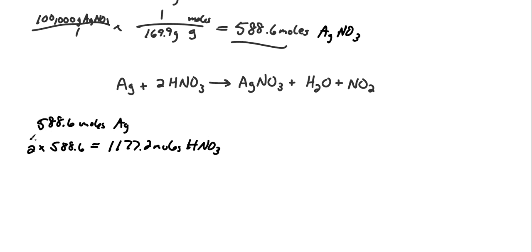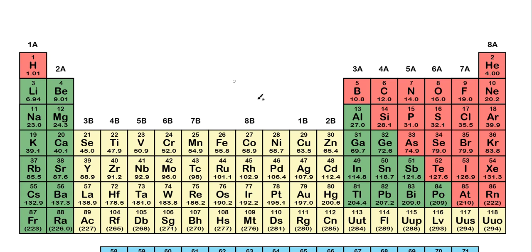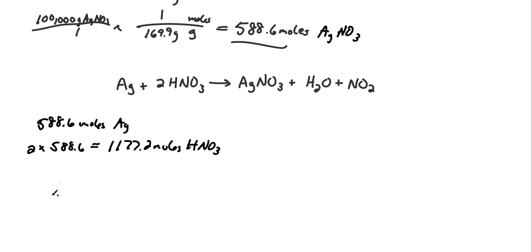So let's see how many grams this is. To know our silver, 588.6, we have to know how much 1 mole is, right? So let's go back to our periodic table. And silver is 107.9 again. So we know that we got 588.6 moles silver over 1.